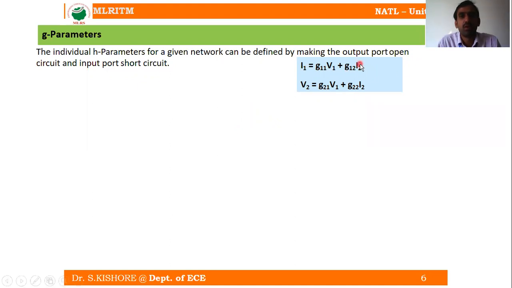So we make the output port an open circuit. When you make the output port an open circuit, if you consider a two-port network, you are going to measure I1 and V2, and you are going to connect the voltage source here, and here you are going to connect the current source because it is the I2 here.